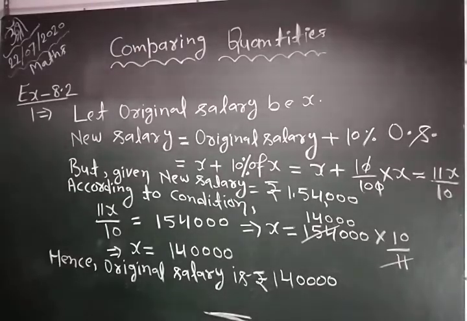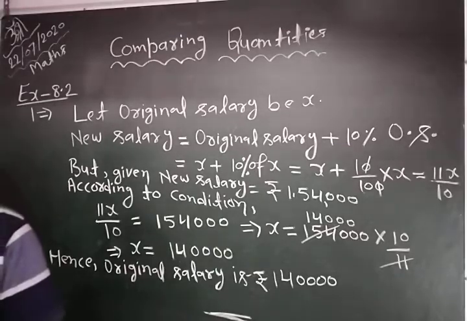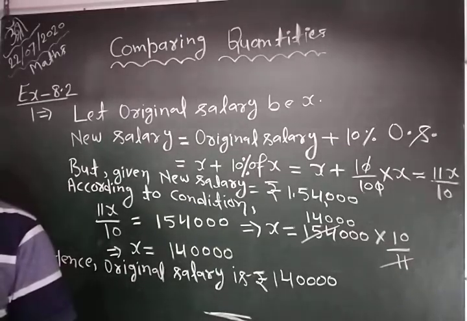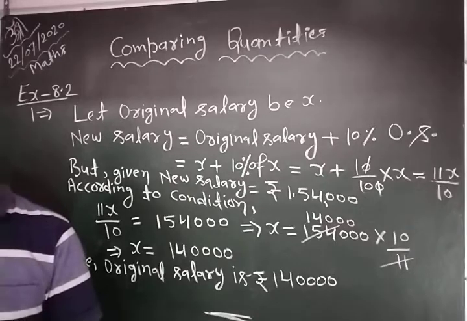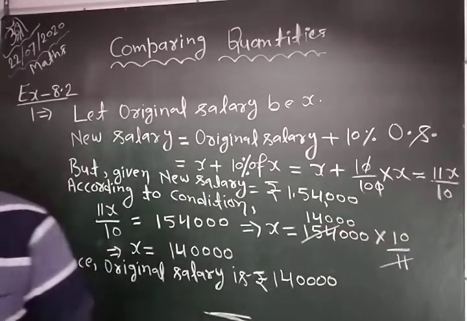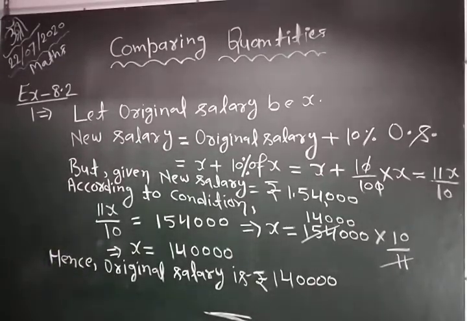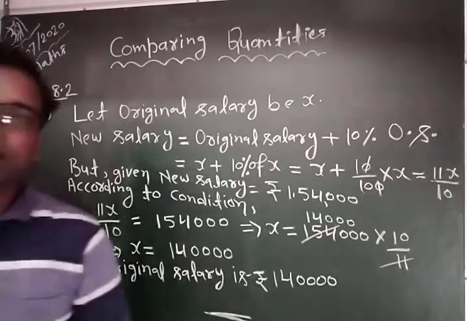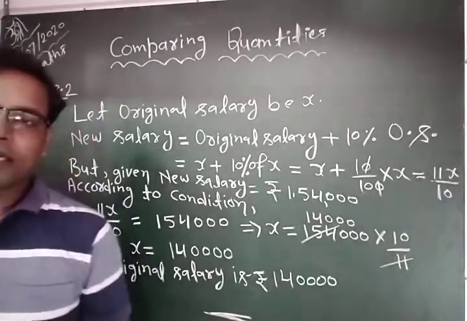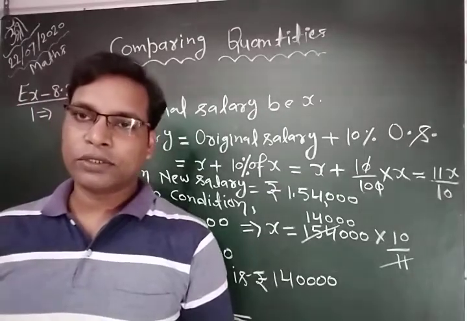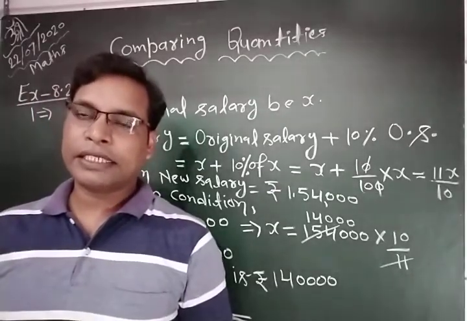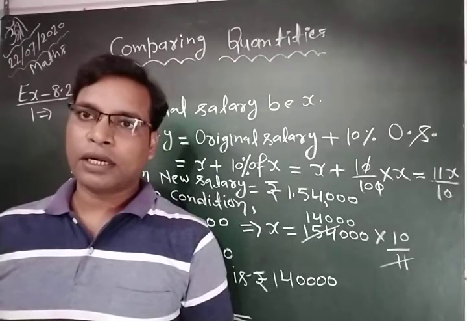Okay, now next question number 2. On Sunday 845 people went to the zoo. On Monday only 169 people went. What is the percentage decrease in the people visiting the zoo on Monday? Okay, so on Sunday the number of people who visited is 845, and on Monday it is 169. So first we find the decrease in people on Monday.